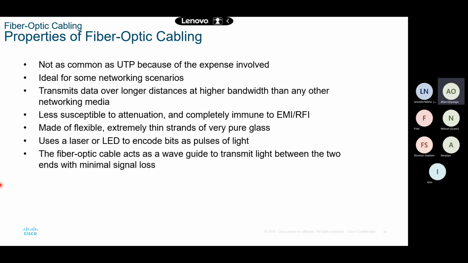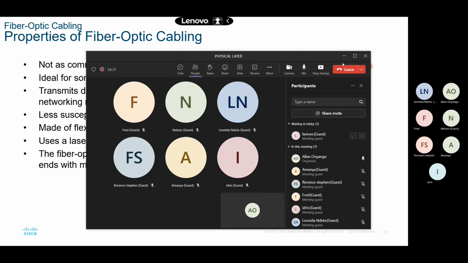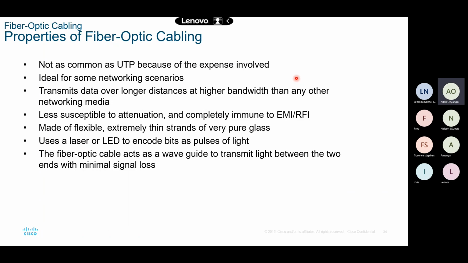And why fiber optic cable? Because the world is being interconnected using fiber optic cable. Now, fiber is becoming more and more common, though not as common as copper. The world is becoming more and more connected with fiber optic cable, because fiber is more ideal for some scenarios than others.